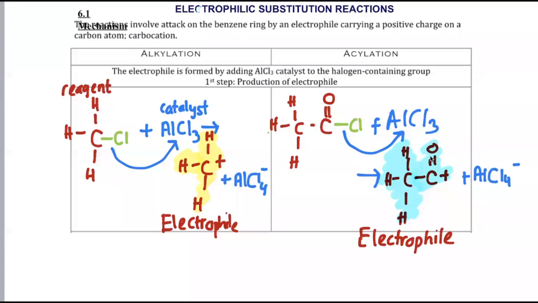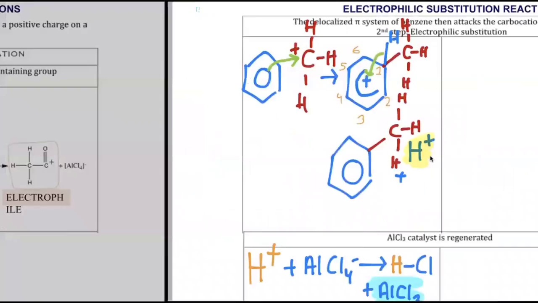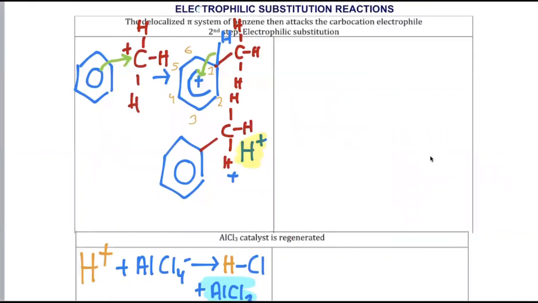Right, so moving on to the next step where the electrophile will be attacked by the benzene ring. So from this step, it should be easy. You just follow, okay? So there's your benzene ring, and then there's your electrophile. Just be careful with the connection, okay?